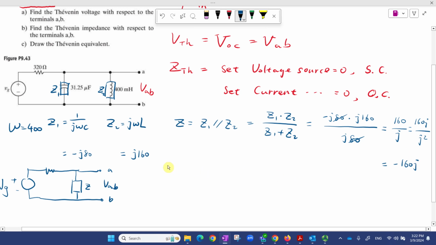Then the voltage VAB just equals VG multiplied by the voltage divider here.